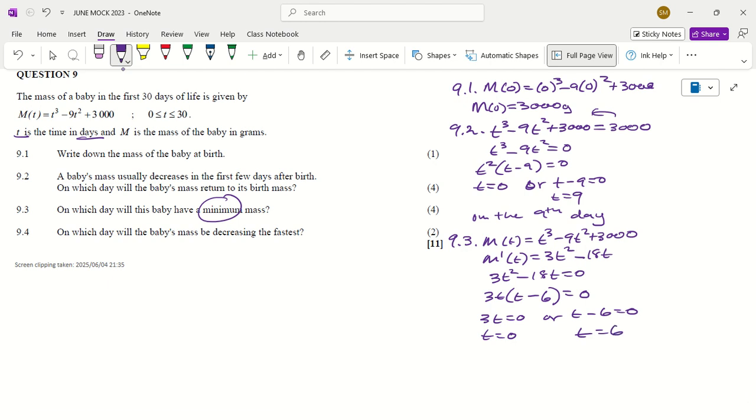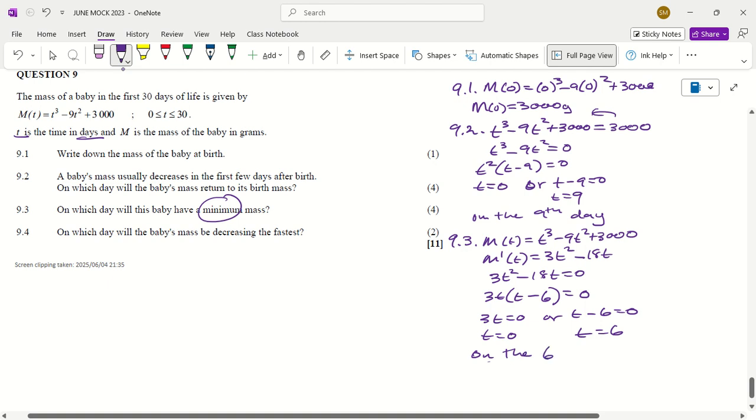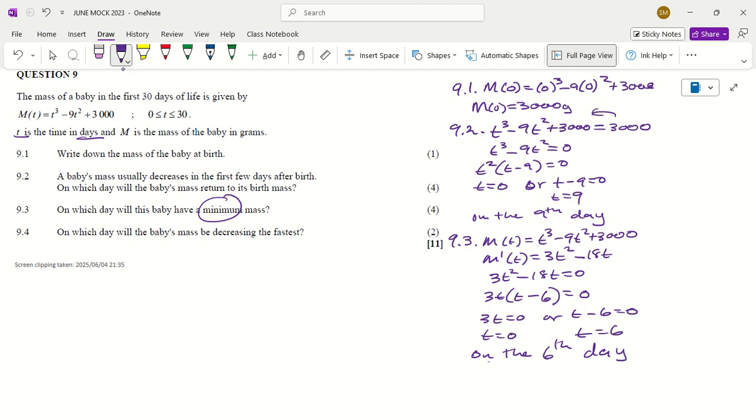So now, what was the question asking? When will the baby have the minimum mass? Fine. So we can say that the baby will have the minimum mass on the 6th day. So that is very simple there.